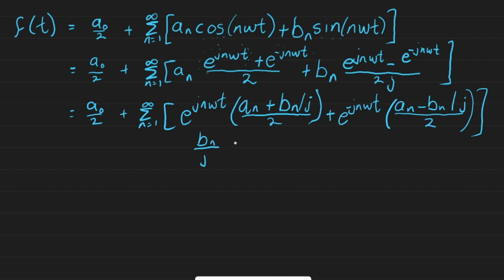Remember that j is just the square root of minus 1. If we multiply by j over j, this is equal to j bn divided by the square root of minus 1 times the square root of minus 1. Multiplying square root by square root, that just comes off, so we have minus 1 in the denominator. So we can write it as minus j bn. So bn over j is the same thing as minus j bn, and we can substitute that in.